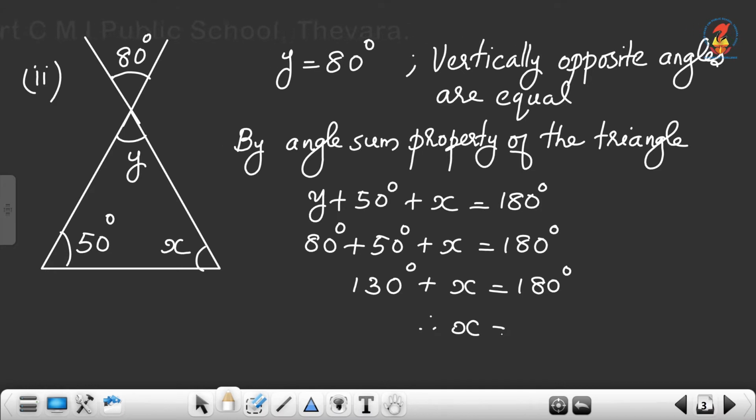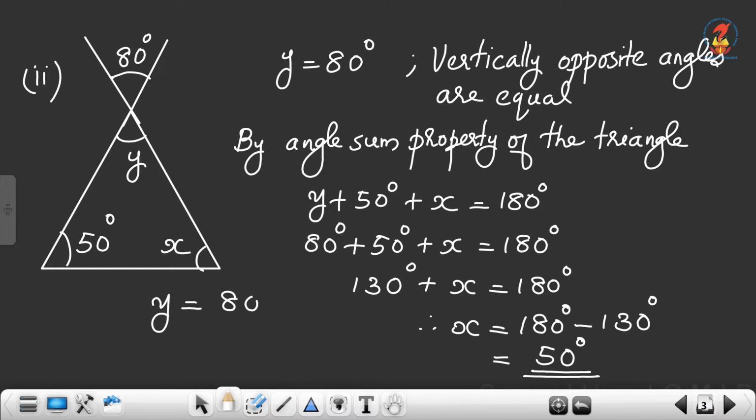Therefore x equal to 180 degree minus 130 degree, which is equal to 50 degree. Therefore, the value of y equal to 80 degree and the value of x is equal to 50 degree.